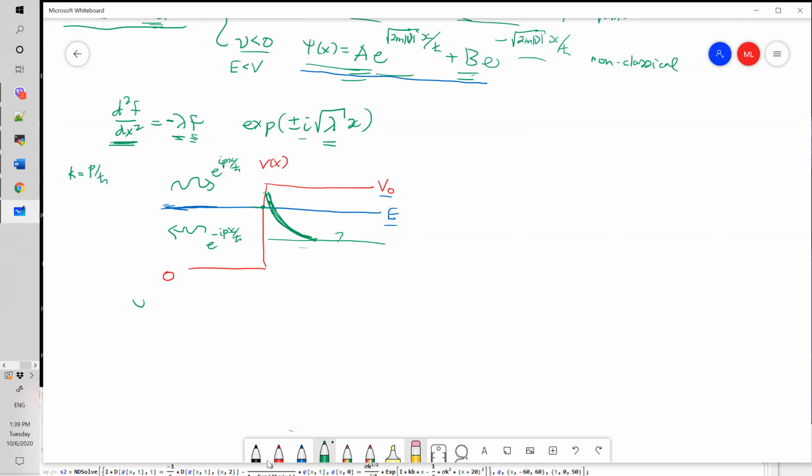Out here, the solution is A e to the ikx and B e to the minus ikx.